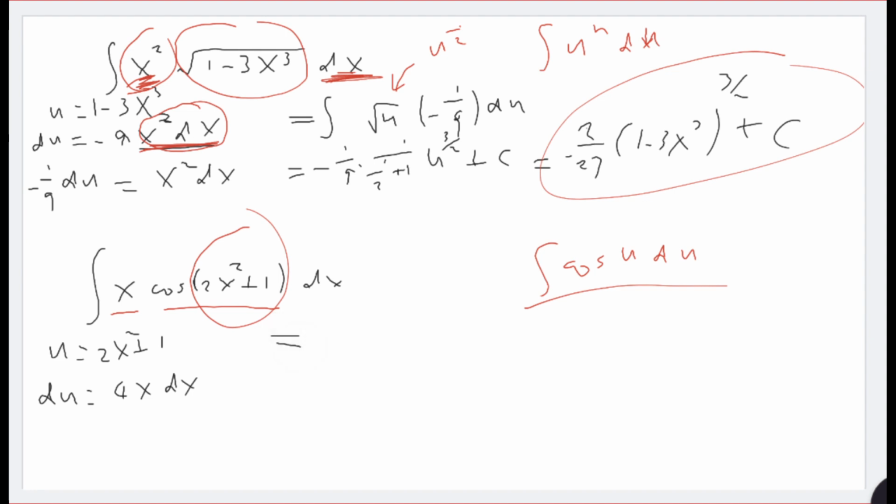Well, if you start to transform the integral, you see the cosine part becomes cosine u, and you're left with dx and x.